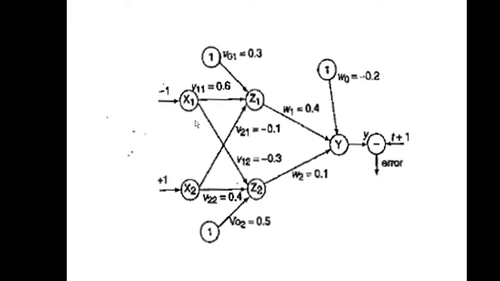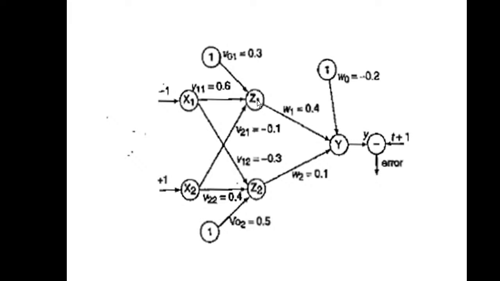So I told you that if you are representing the weights between the input layer and the hidden layer, you must use the letter v, and between hidden and output you use w. Then there is one bias on the Z1 hidden unit, and that is V01, which is 0.3, and one bias on Z2, that is V02, which is 0.5.